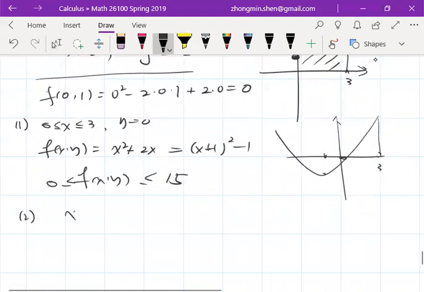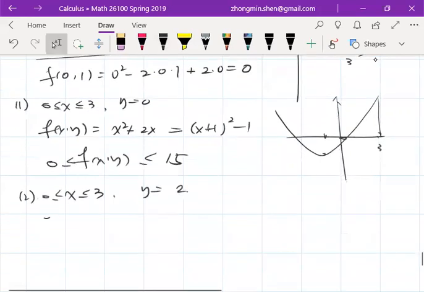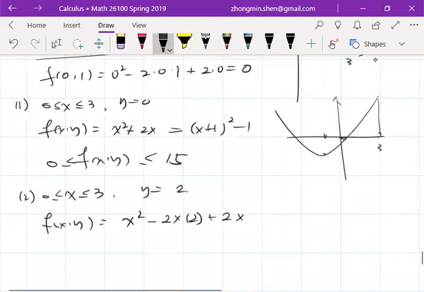Second, when y equals 2, you have to do that. Okay, so in this case, you get x squared minus 2x times 2 plus 2x. So I get x squared minus 2x.